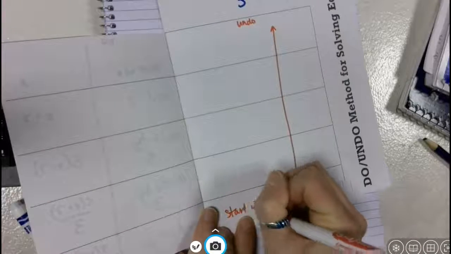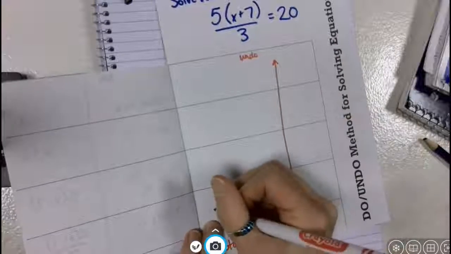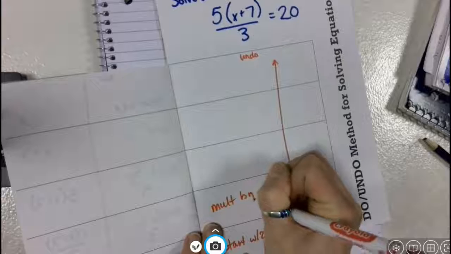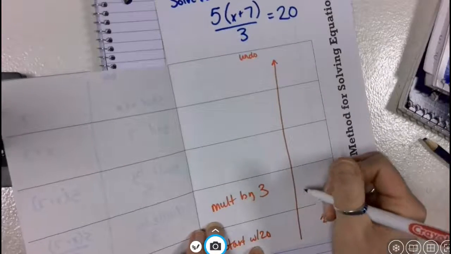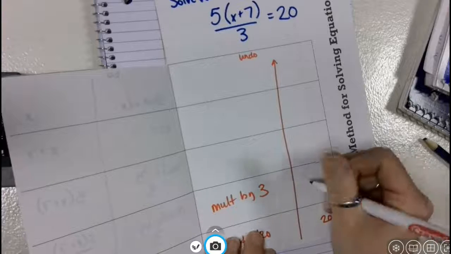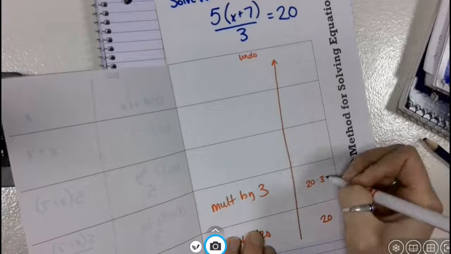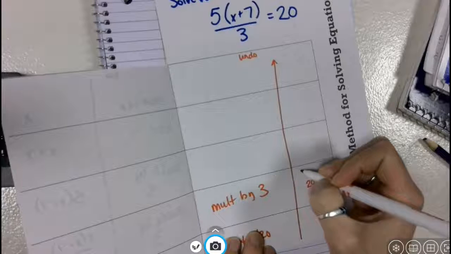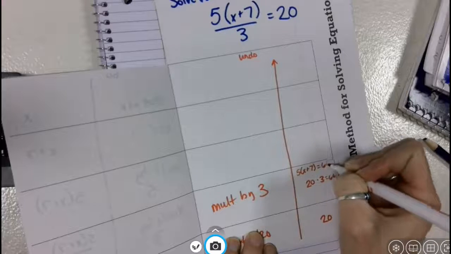We're going to start with 20. So the next thing when I'm undoing this problem, I'm going to multiply by 3, because I'm undoing the things that are done to this x. So then I end up with 20 times 3, which is 60. So my real problem looks like 5 times x plus 7 equals 60.